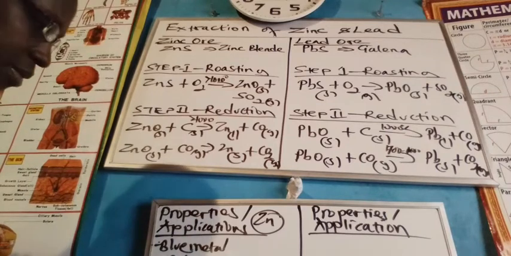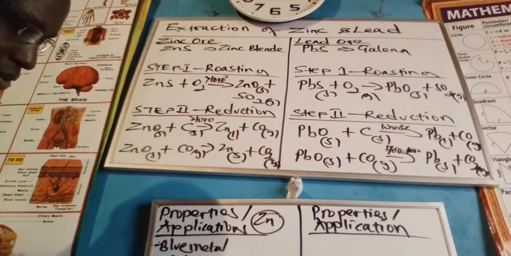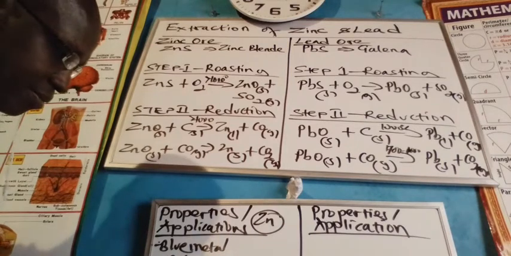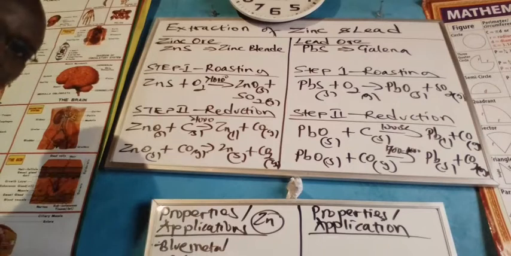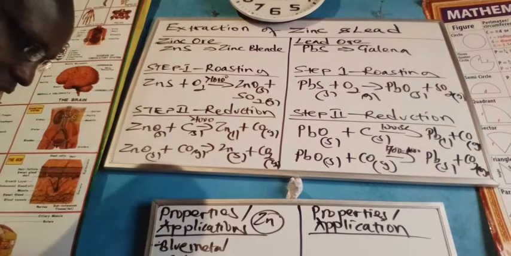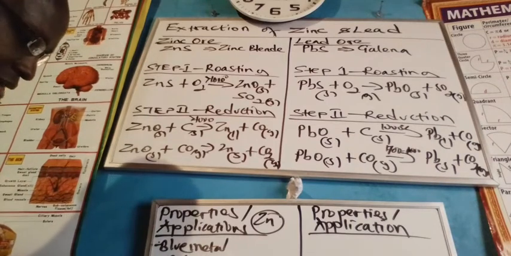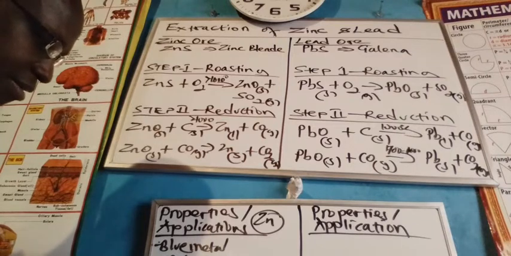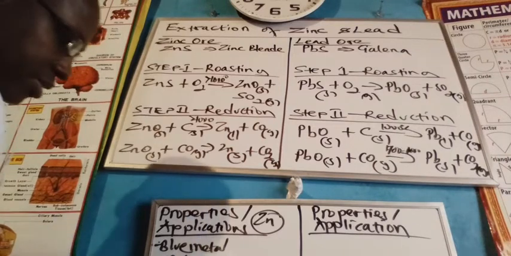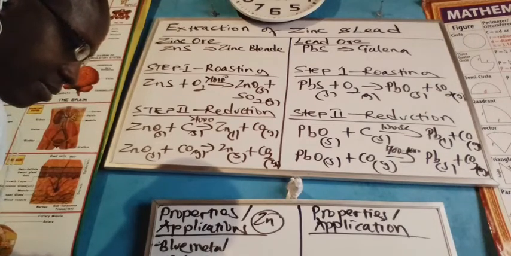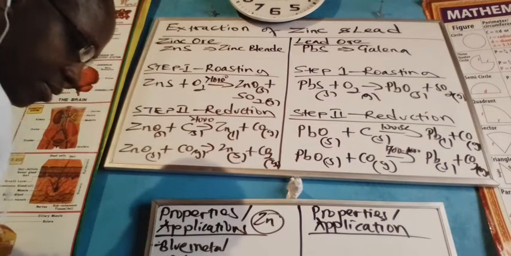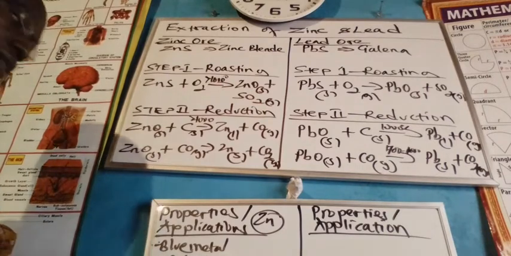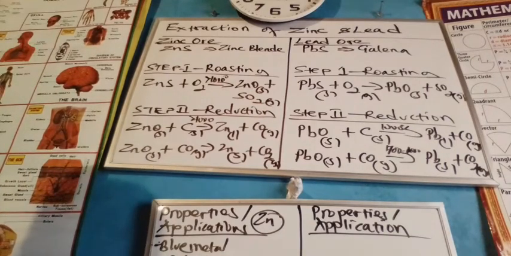Number two, when zinc combines with copper, it forms brass, used for manufacturing cooking plates and utensils. When zinc combines with copper and tin, it forms German silver. Good. So those are the main applications of zinc.